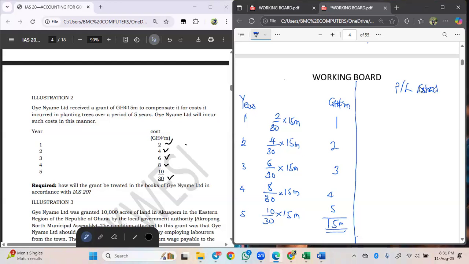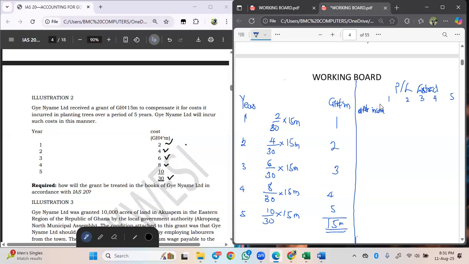So, P&L extract. We have the other income, and we have year 1, 2, 3, 4, 5.